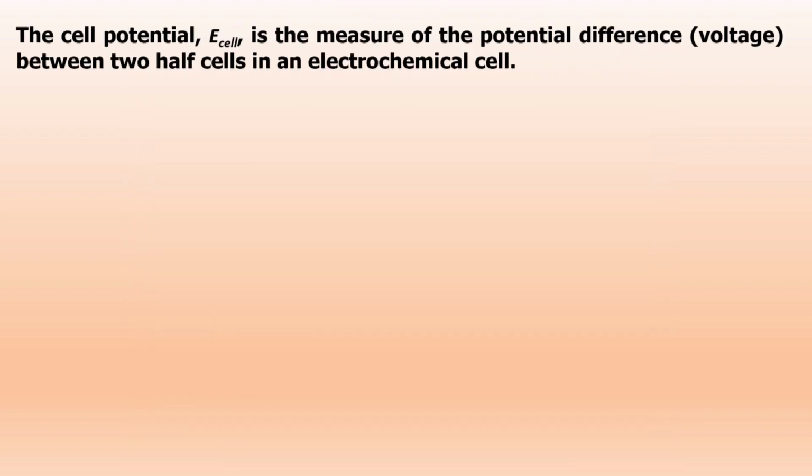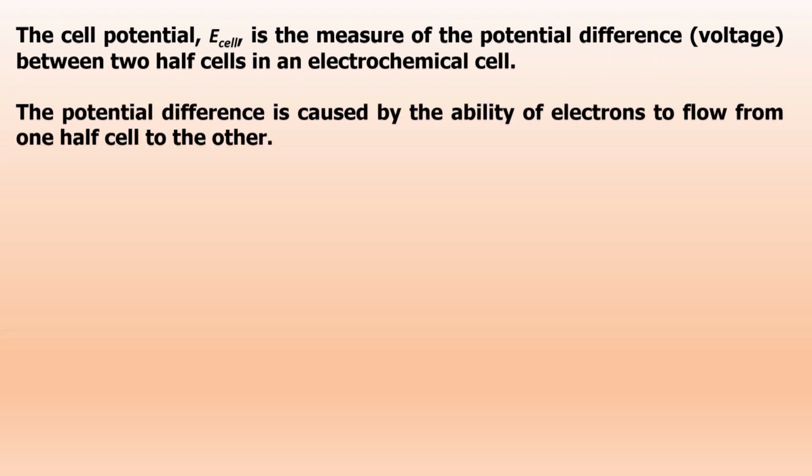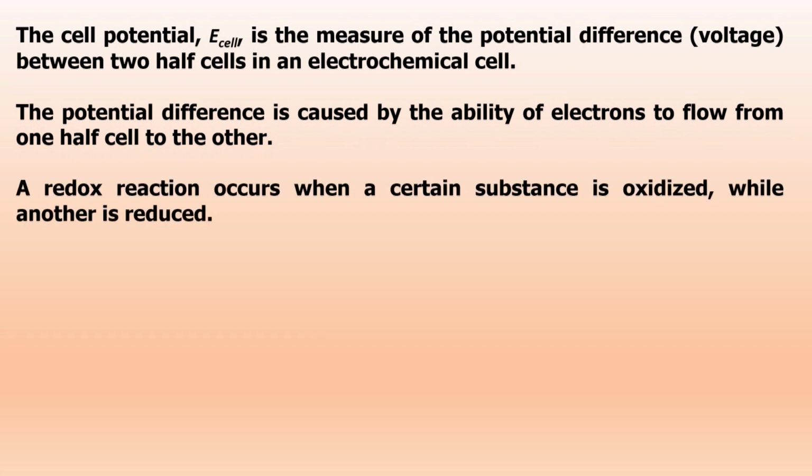The cell potential, or E-cell, is the measure of the potential difference or voltage between two half cells in an electrochemical cell. The potential difference is caused by the ability of electrons to flow from one half cell to the other. A redox reaction occurs when a certain substance is oxidized while another is reduced.